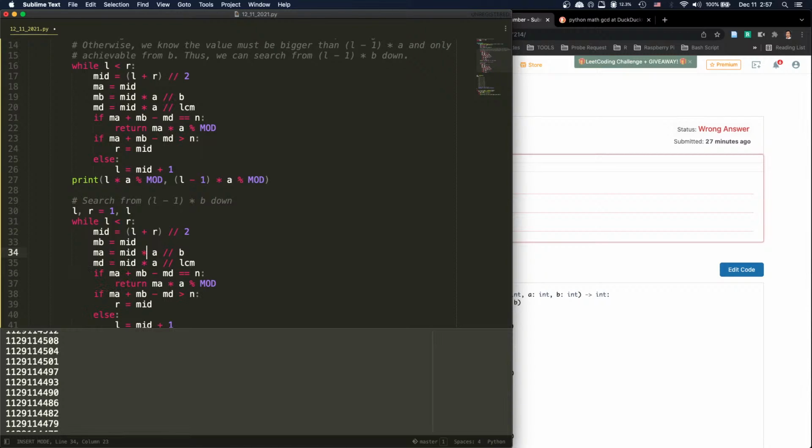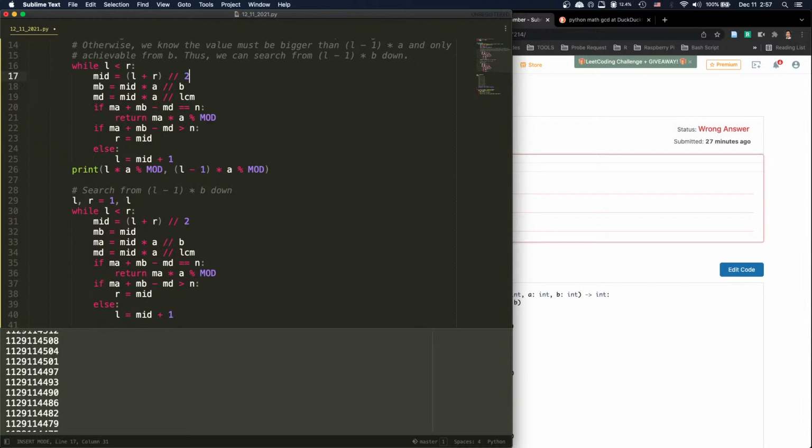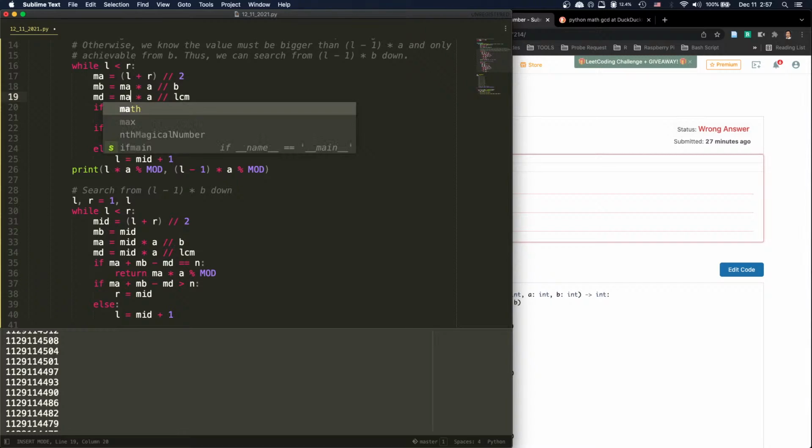So MB is this, which I just realized is not necessary because I can simply do this. MA is this. Yeah, now I'll go back to MA, right? And then we can just say MB is this.